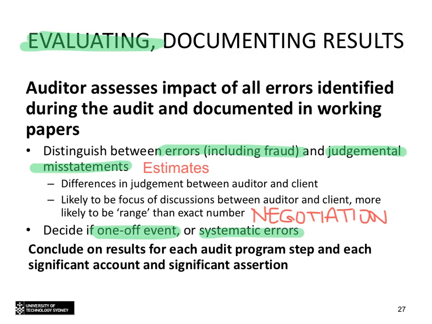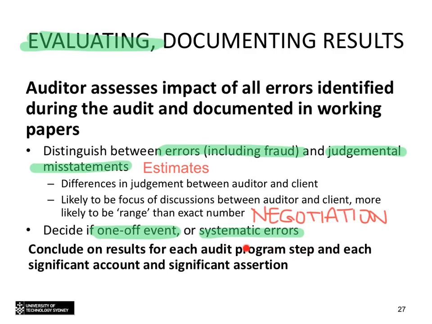Is it a problem with my internal control system, which means that for every single transaction we've executed over the entire year, I've got a $1 misstatement over 1 million transactions or 1 billion transactions, which could roll into something really big. So I need to evaluate and document my results for each program step.